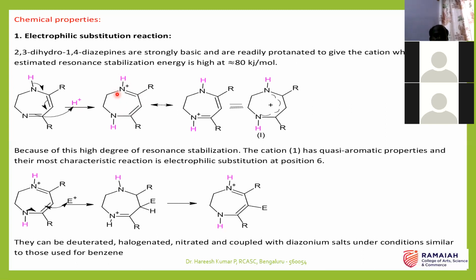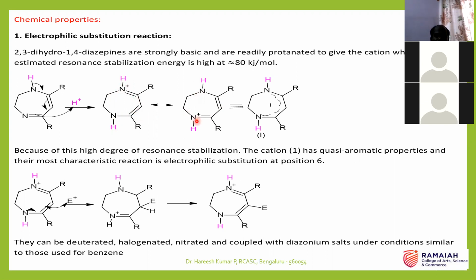This formed positive charge will be stabilized by resonance. So this bond pair can convert to a lone pair, then this bond pair moves over here and this bond pair comes over here. That is how another canonical form is obtained.